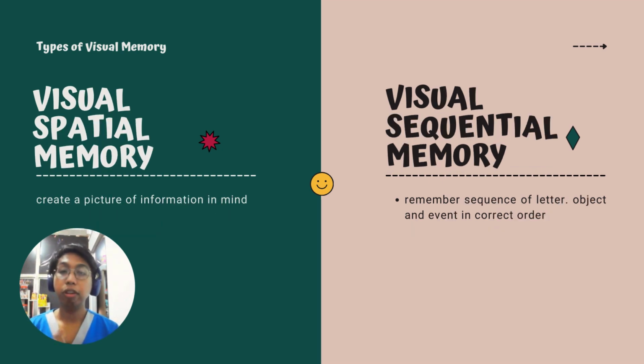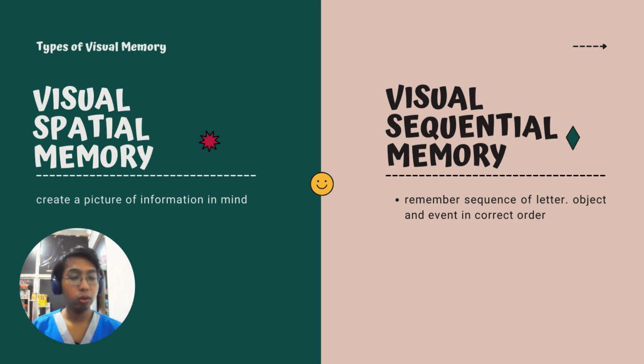Next is visual spatial memory. Create a picture of information in mind. This is the most interesting part because, for example, we tell this kid about a cat. We talk about the cat for so long. So how does this visual spatial memory work? It's the ability to recall back, to picture back the information that has been told.